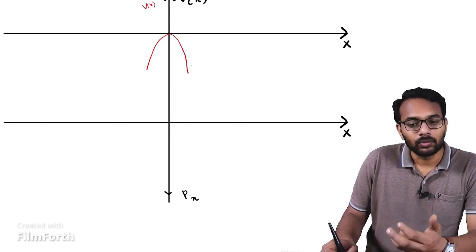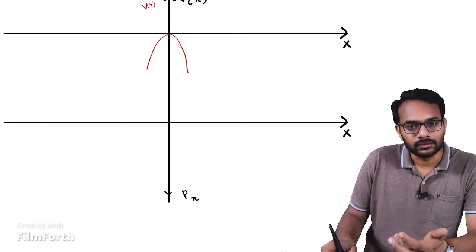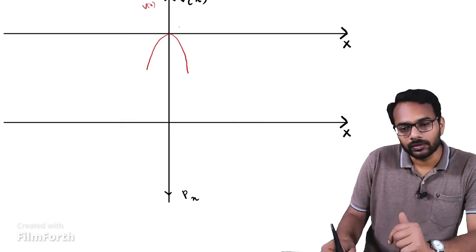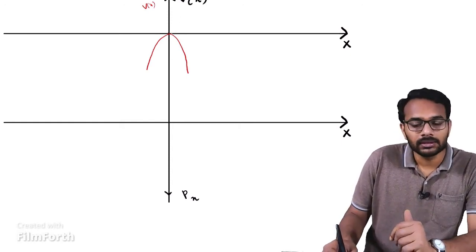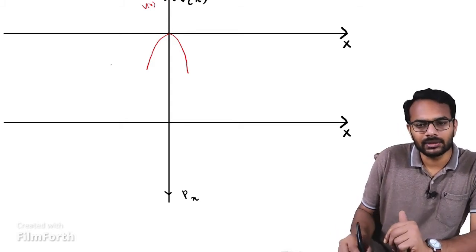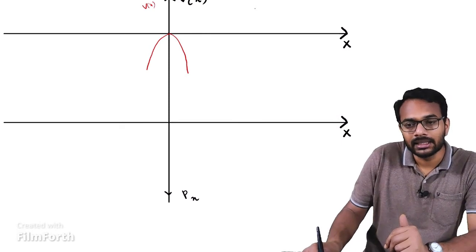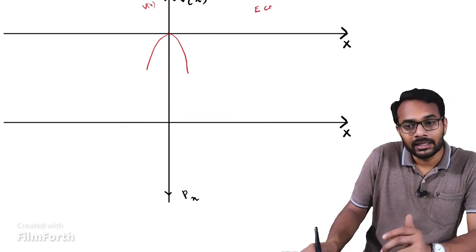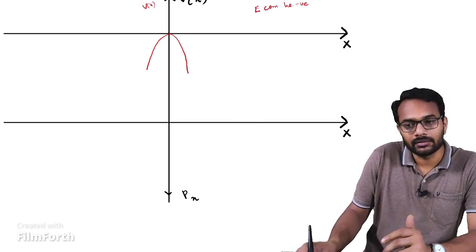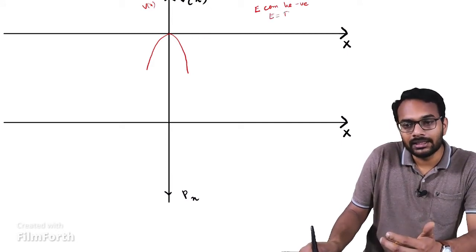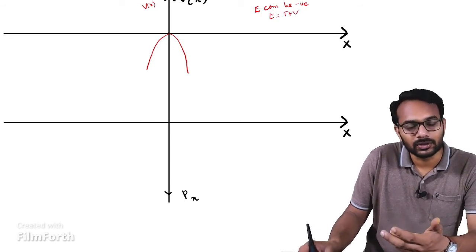So that's our potential energy curve. Now what's the next step? We have to draw energy lines. Since the potential energy is negative, you have to remember that E can be negative, because E is T plus V. If the potential energy is negative, the total energy of the particle can also be negative.